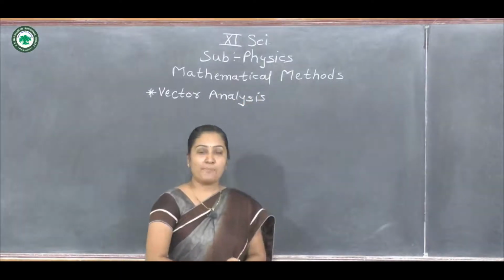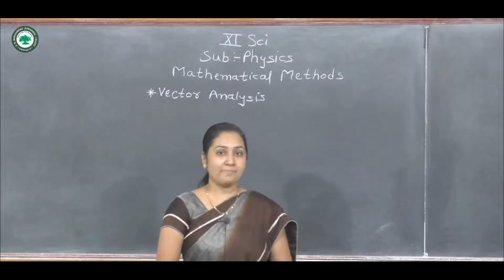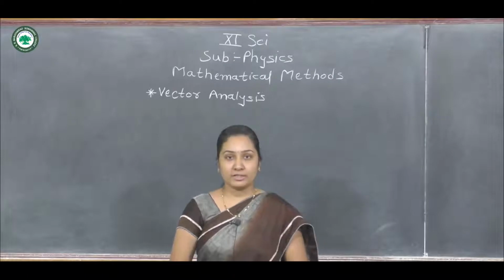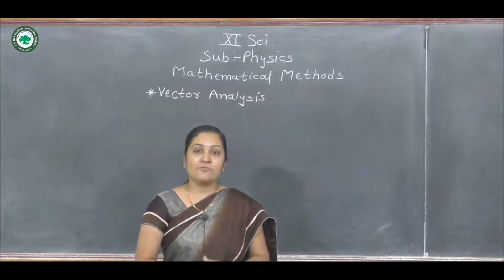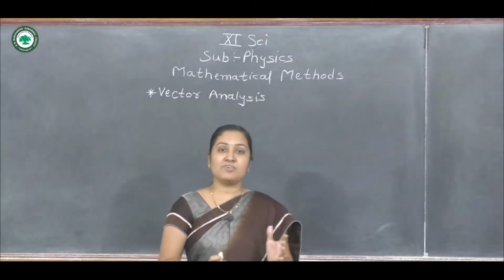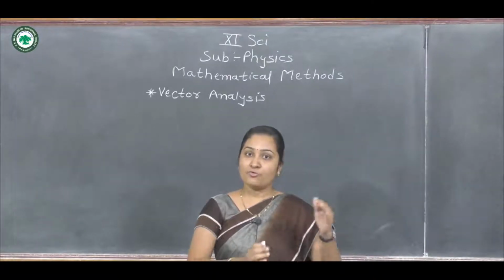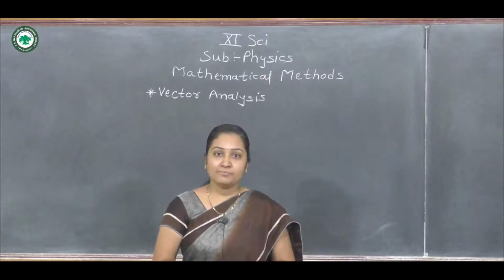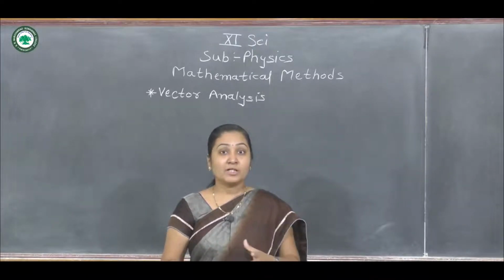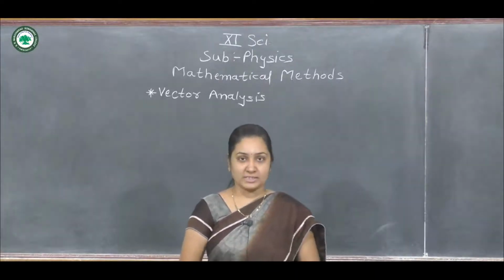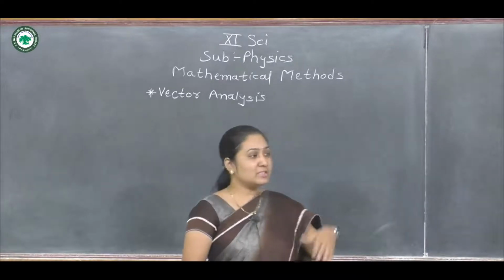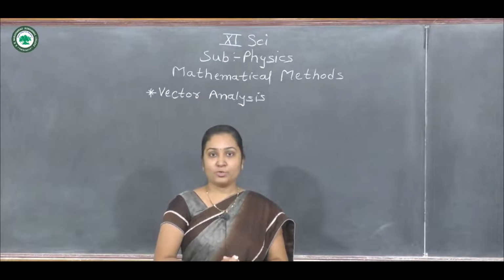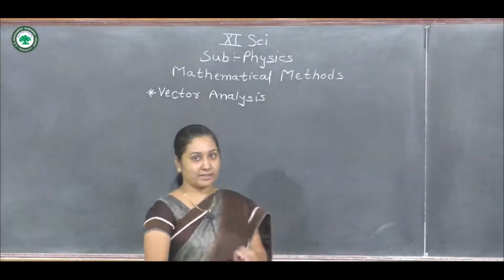in our first chapter of physics, that is units and measurements, we have studied different physical quantities. Then we distinguished these physical quantities into fundamental quantities and derived quantities. Then we have studied different units of these quantities. Now these physical quantities are basically divided into scalars and vectors.